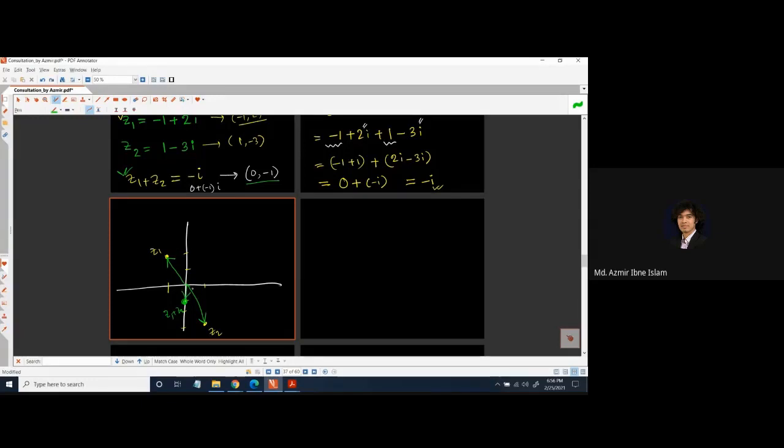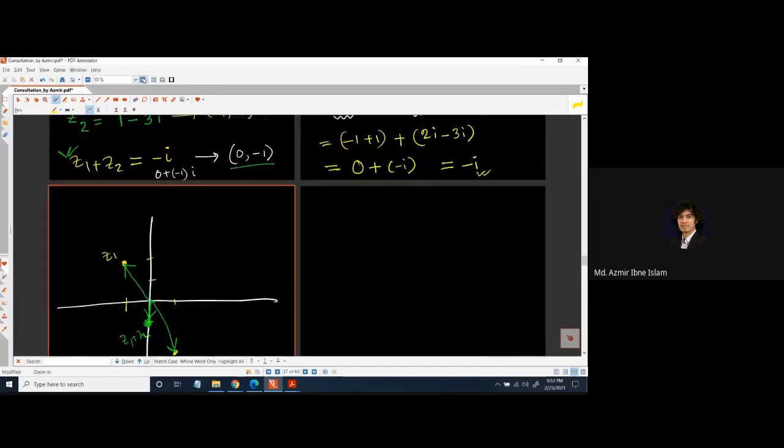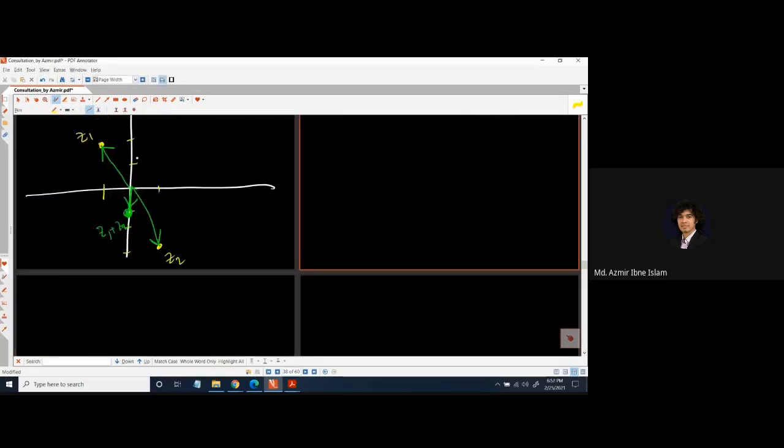Since it is on the downward vertical axis, we are directing like this. But the main thing that we have to know here, it will act like a parallelogram.